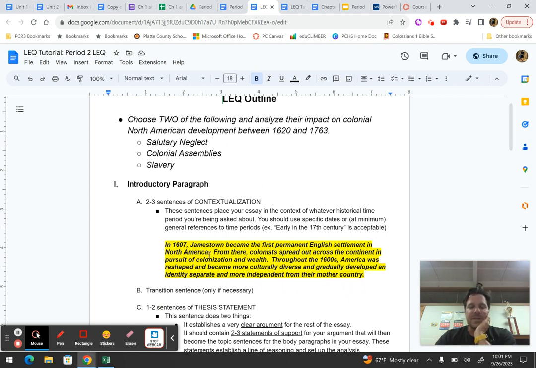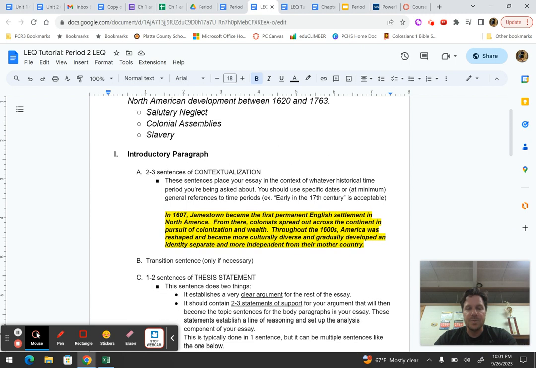So notice for my sample 2 to 3 sentences of contextualization, I actually begin with 1607 in order to, again, prove to the grader that you understand where this event takes place in history, how it fits in with things that are happening around it. Just need a few sentences.